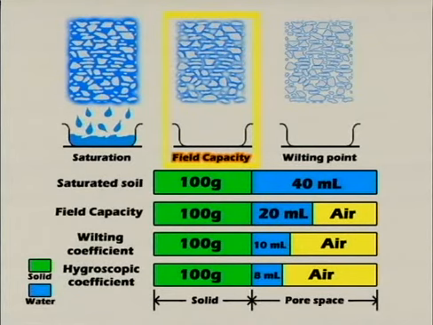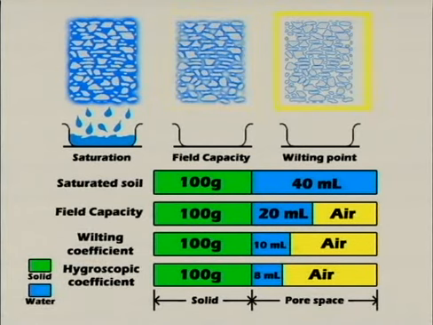Plants will utilize water from this level down to what is referred to as the wilting coefficient, or the wilting point. The wilting point being that level of water remaining in the soil, and you'll see that it's just a film around the individual soil particles, that we don't have a lot of water out here in between pore spaces like we do at field capacity.